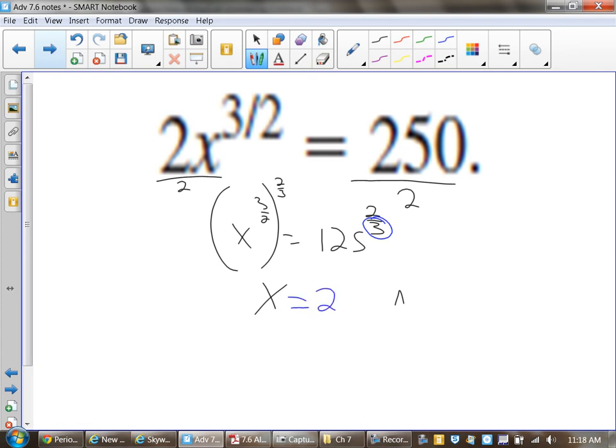So you get 25. Okay. Like I said, this is about as weird as you're going to see because you're not accustomed to working with exponents that are fractions. Just remember you're using the reciprocal. Not the opposite reciprocal, just the reciprocal.